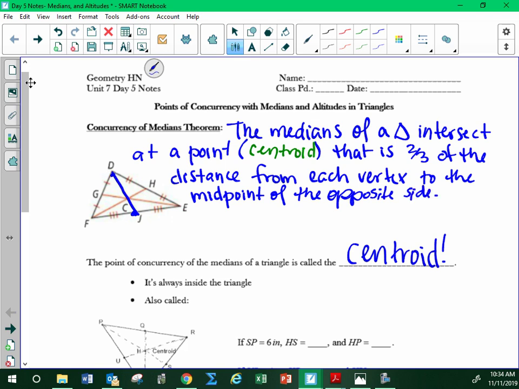The medians of a triangle intersect at a point called their centroid. That is 2/3 the distance from each vertex to the midpoint of the opposite side.